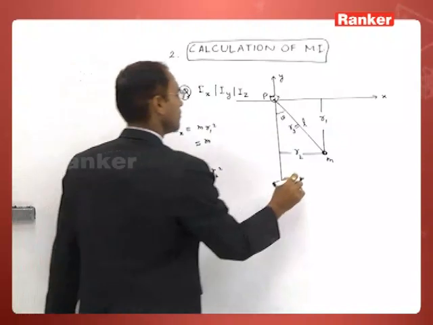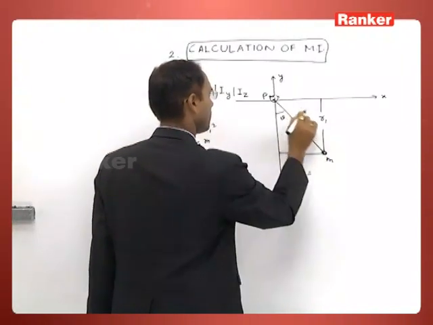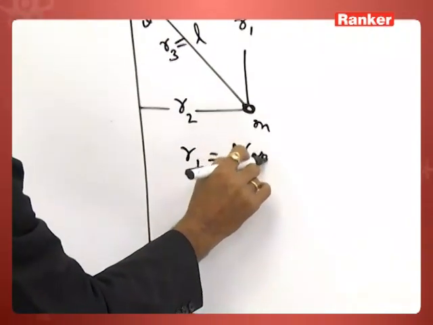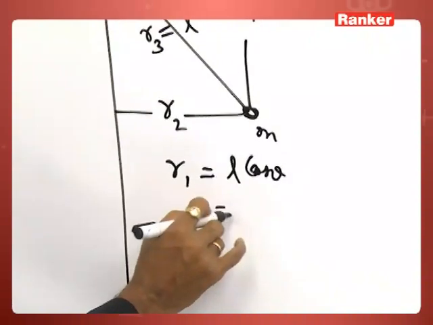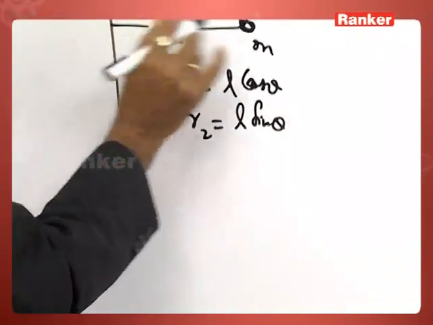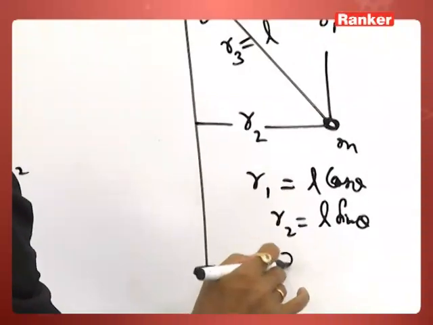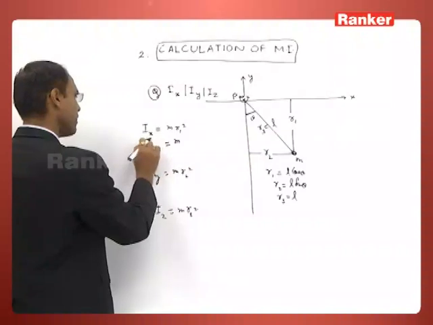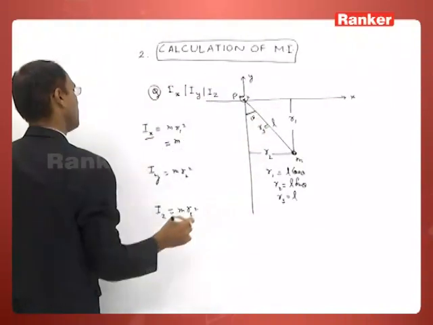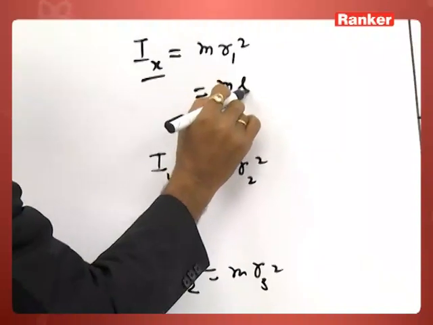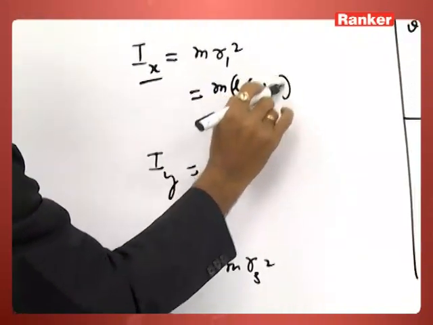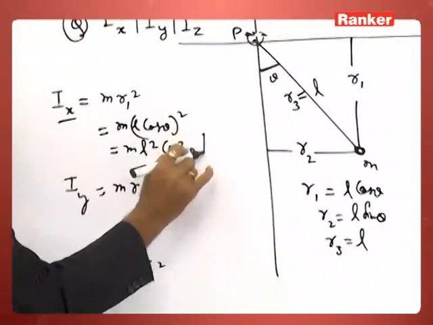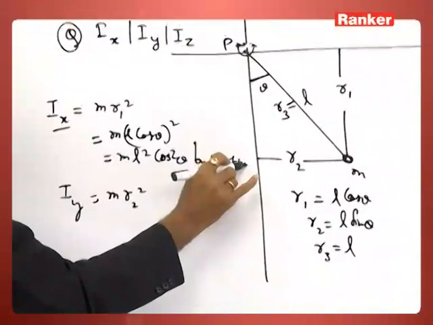R1 is equal to, if this is the theta, R1 can be written as L cos theta. R2 is written as L sin theta, and R3 is equal to L. Therefore, the moment of inertia about x-axis is equal to m L square cos square theta, but not m L square.